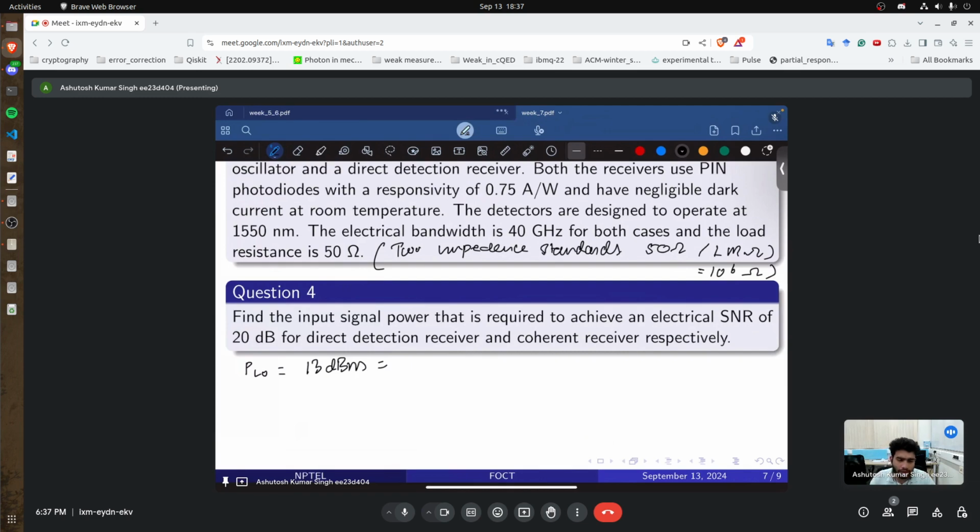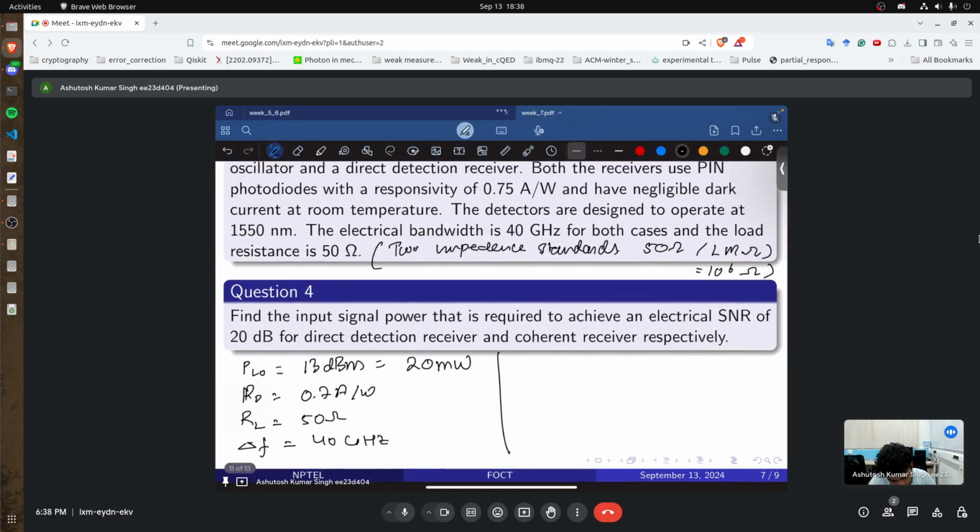Now I know that 10 dBm in the last case we calculated is around 10 milliwatts. So 13 dBm is just twice of the 10 milliwatts, so this is 20 milliwatts. We have to consider a responsivity of 0.75 amps per watt, load resistance of 50 ohm, delta F is 40 gigahertz, and we are again at a temperature of 298 Kelvin.